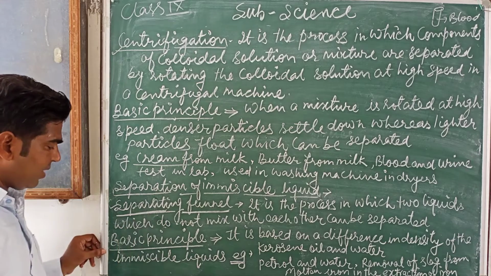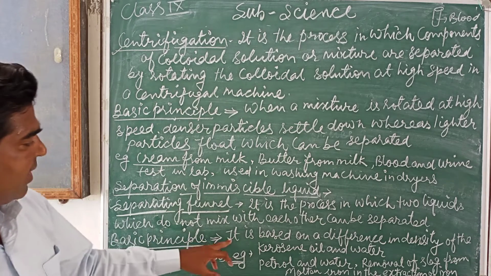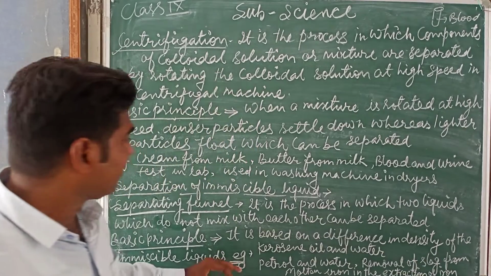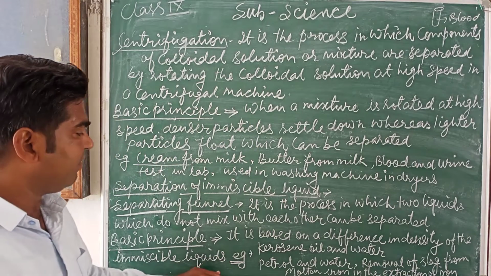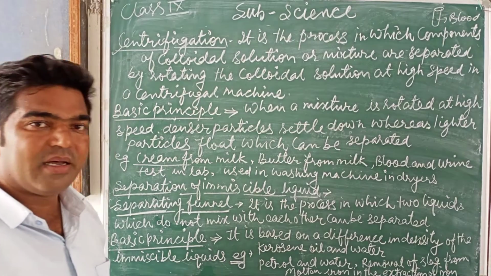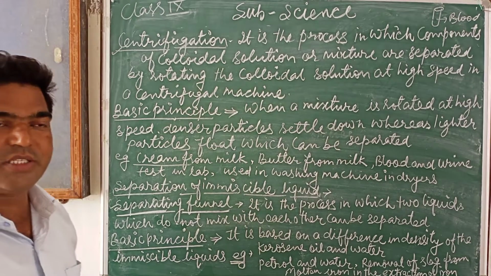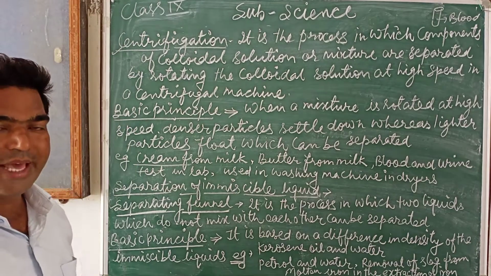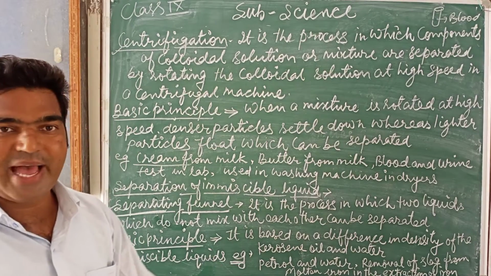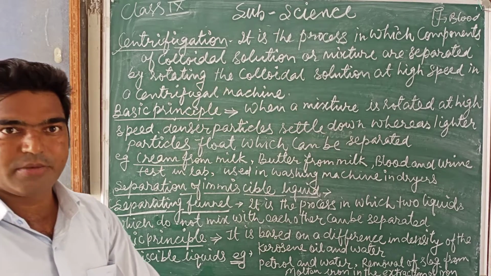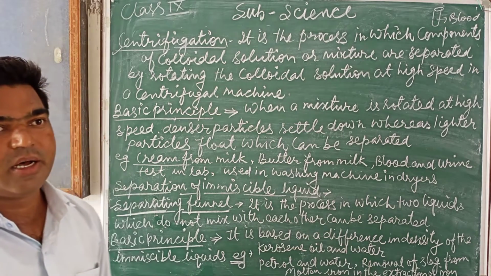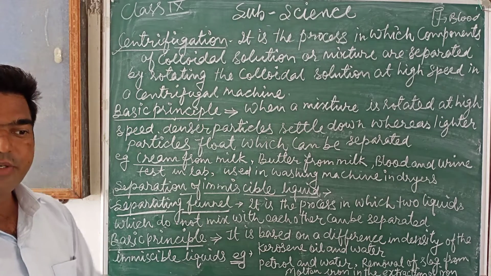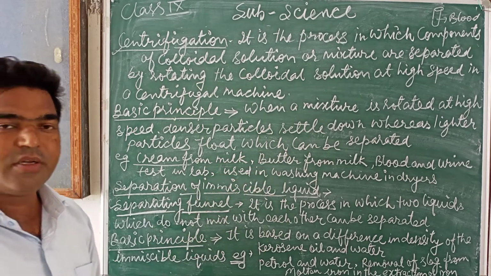The basic principle involved in this method is based on the difference in density of immiscible liquids. Just as I told you, in the case of water and kerosene or oil, water has the high density, so it remains at the bottom, and kerosene or oil has the low density, so it remains on the top or floating on the top.